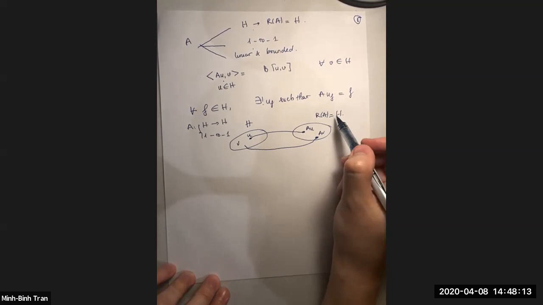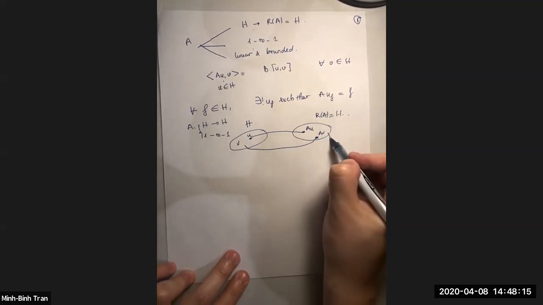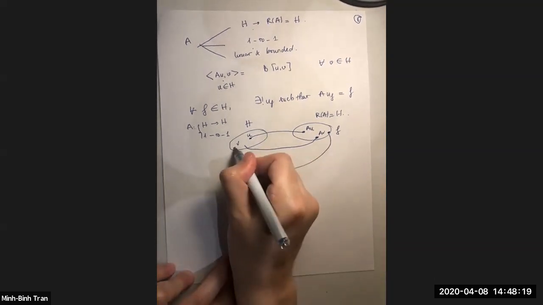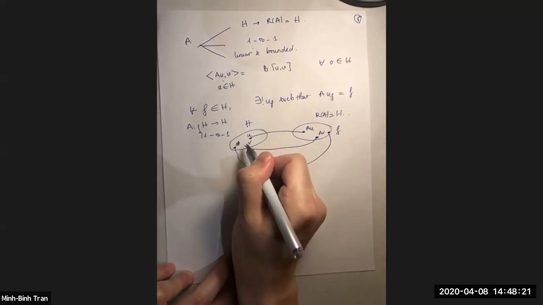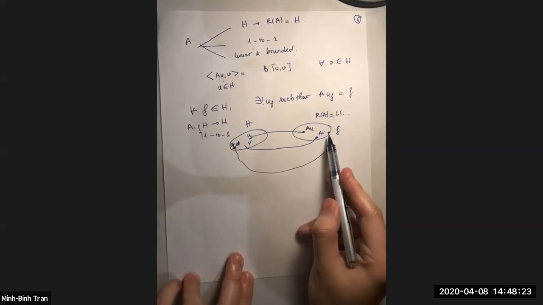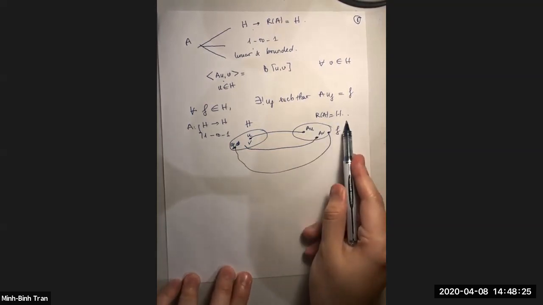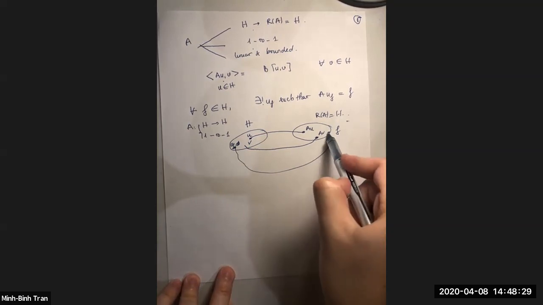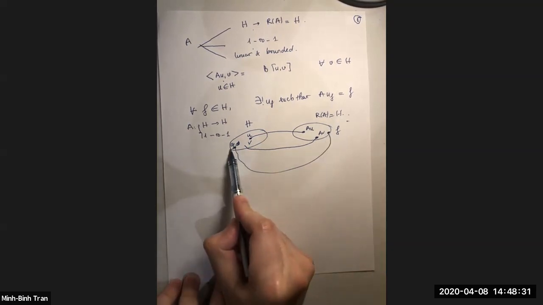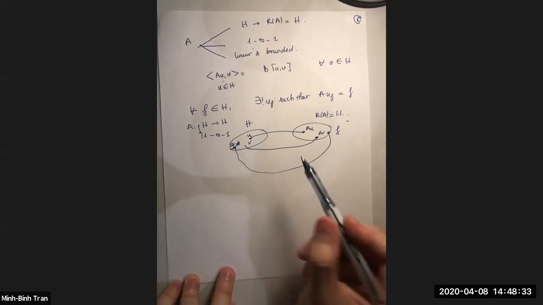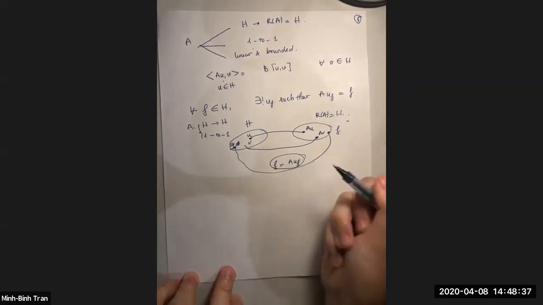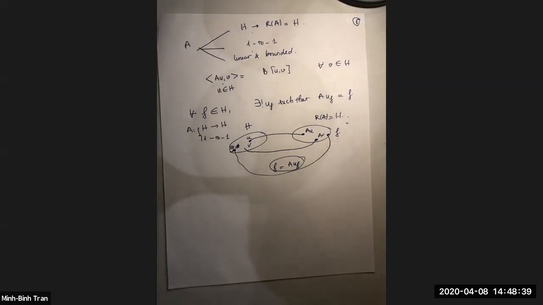And because the range of A is H, meaning that if you have an F in this H, there has to be a pre-image UF such that F is equal to A of UF, right?